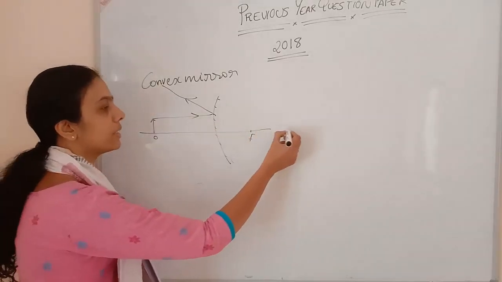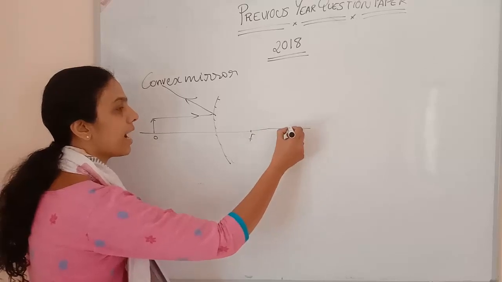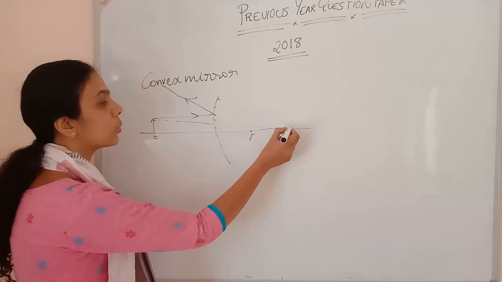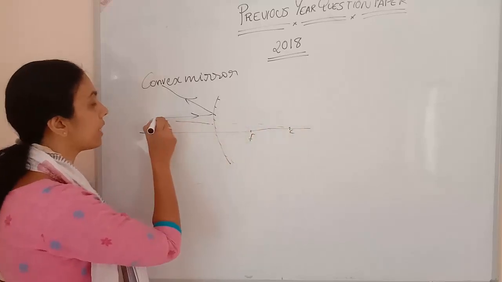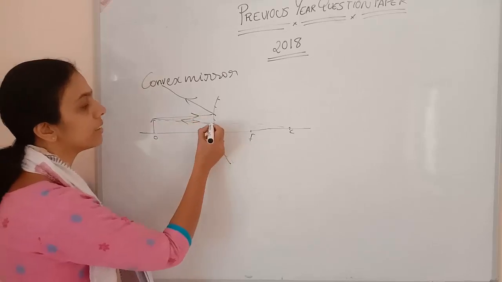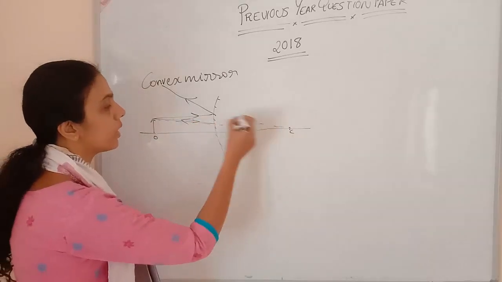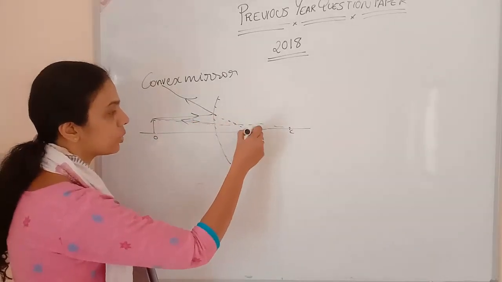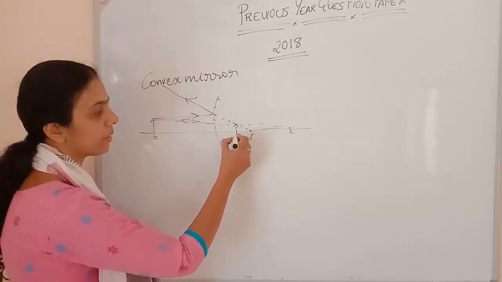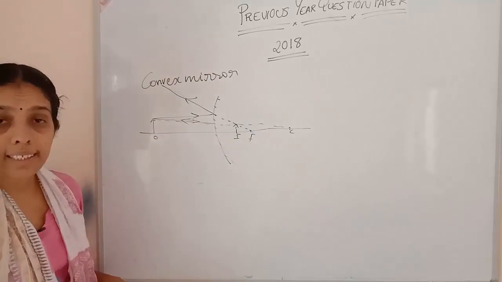The ray of light which is incident at a point appearing to pass through the center of curvature will retrace its path. So it will go like this, and here through the principal focus, so the image will be formed over here. So it is an erect image.